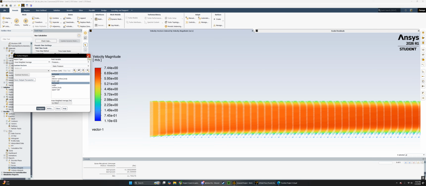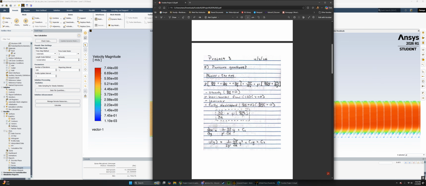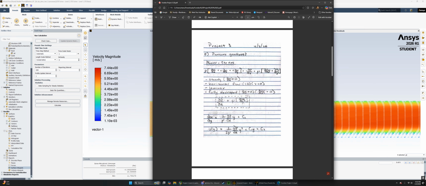And now I can show you the theory behind this. So if we just go with our theoretical calcs, we're going to start with the Navier-Stokes equation, and we make some assumptions here. We know the flow is steady. We know it's horizontal. It's 2D.